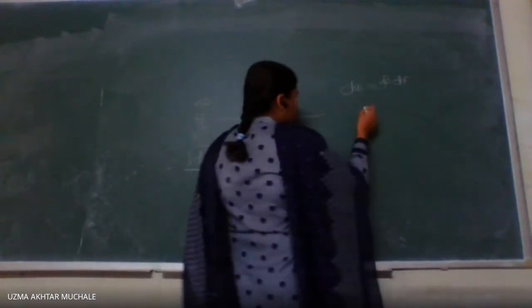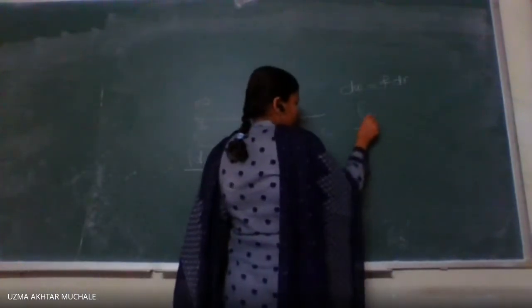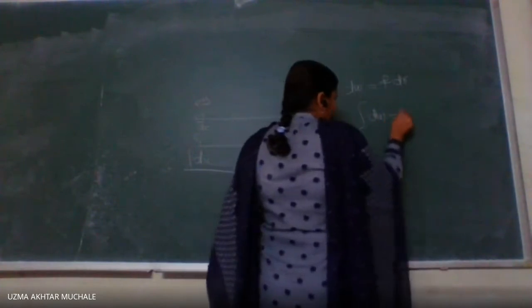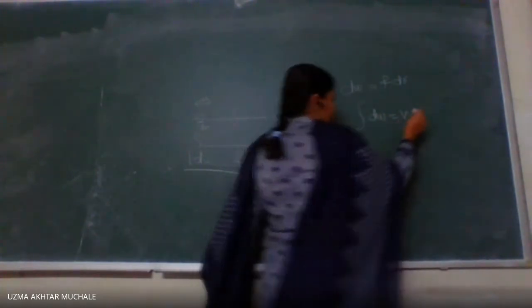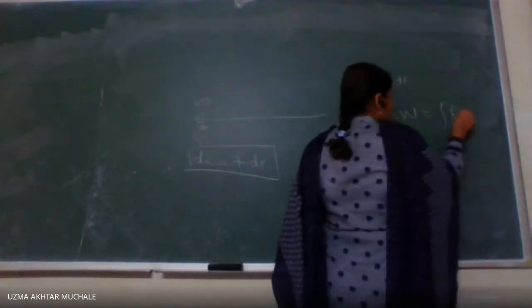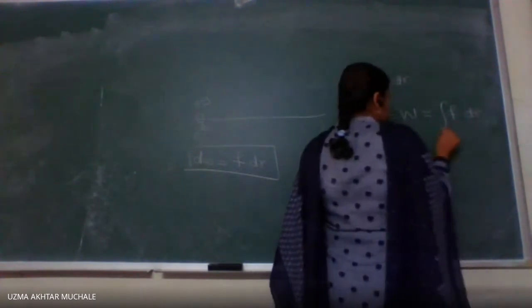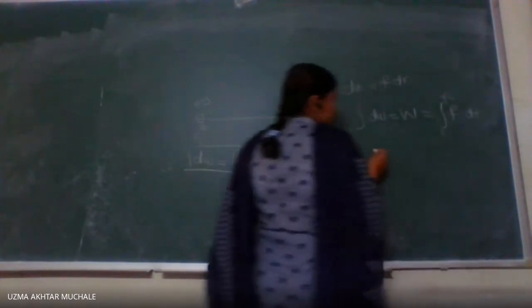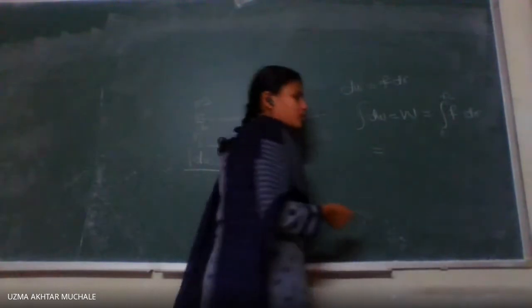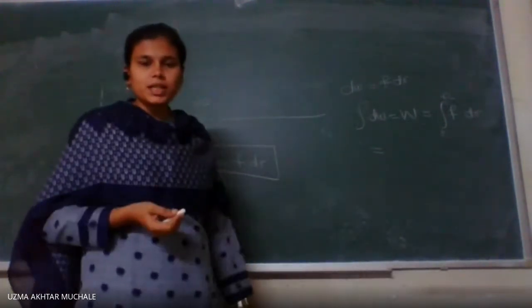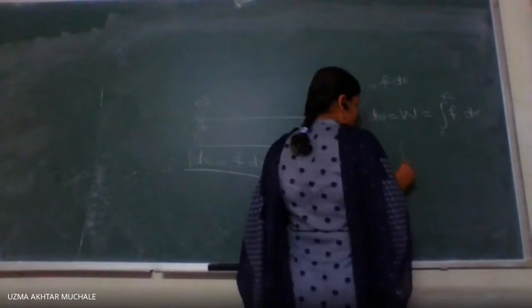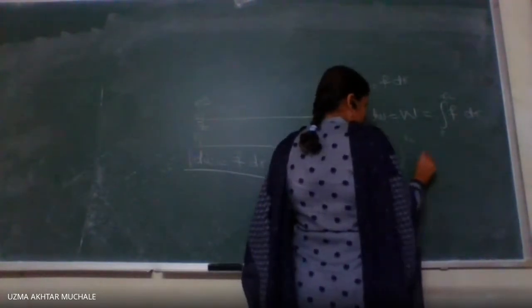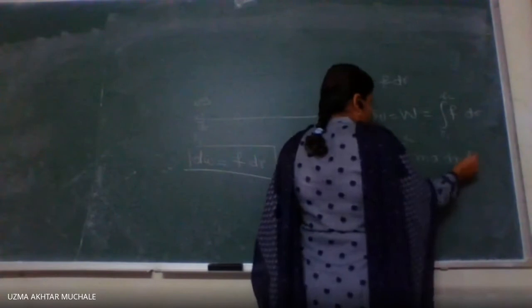Integrating dW, we get the total work done from R1 to R2, which is equal to the integral of F dr from position R1 to R2. What is the formula for force? Force is nothing but mass into acceleration, right? Force is nothing but mass into acceleration into dr. Correct?